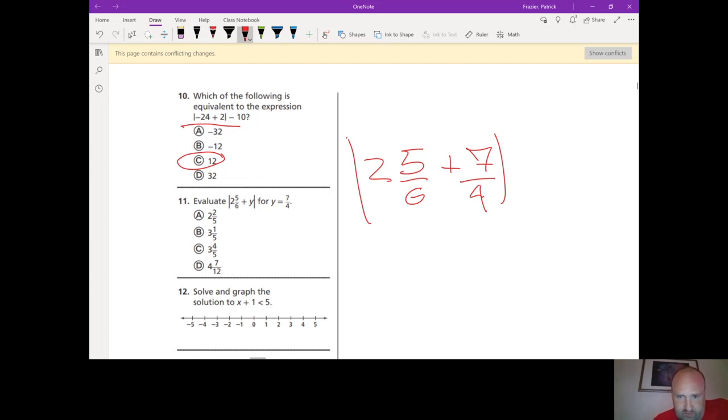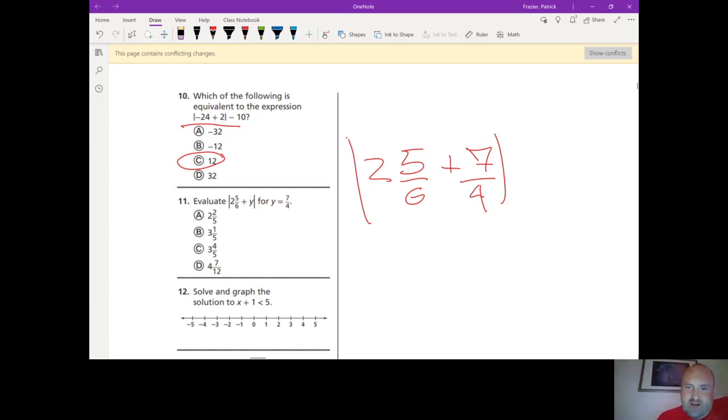The reason why we want to take those out of the mixed fraction form is that they're going to be a lot easier to add up, believe it or not, if they're both improper fractions, or not mixed fractions, to be more precise.